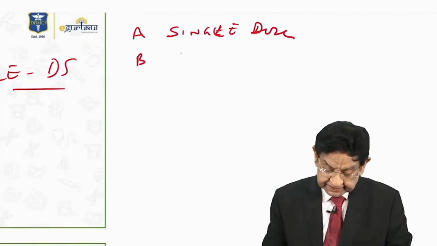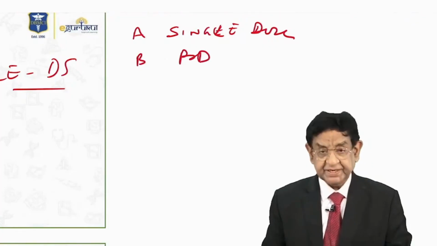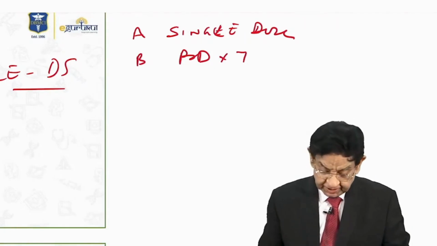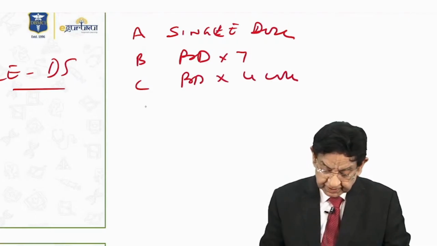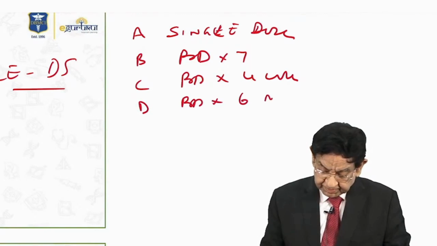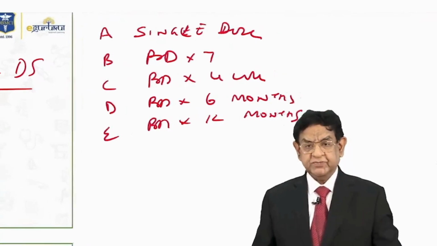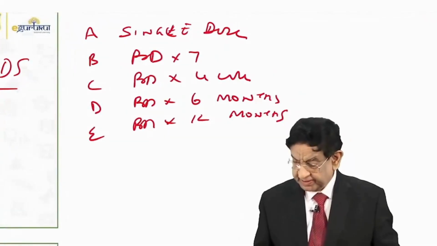B, you give twice a day, BD, for 7 days. C, you give twice a day for 4 weeks. D, you give twice a day for 6 months. Or E, you give twice a day for 12 months. For how long do you give, A, B, C, D?